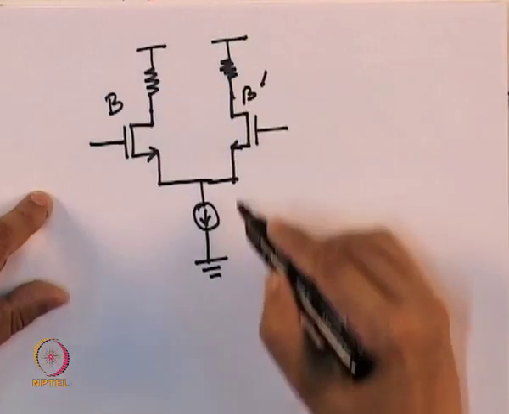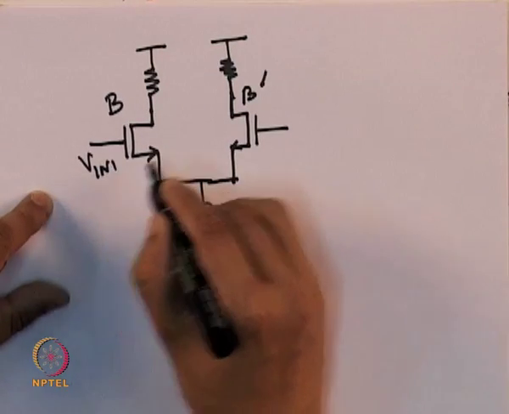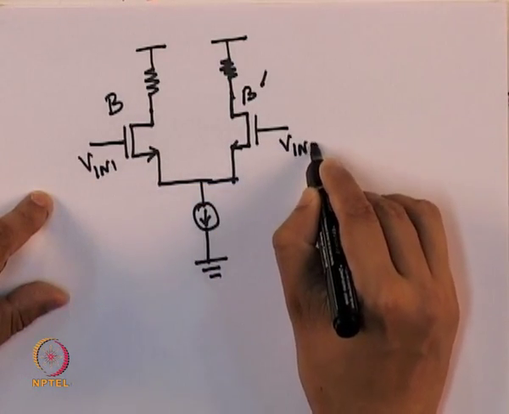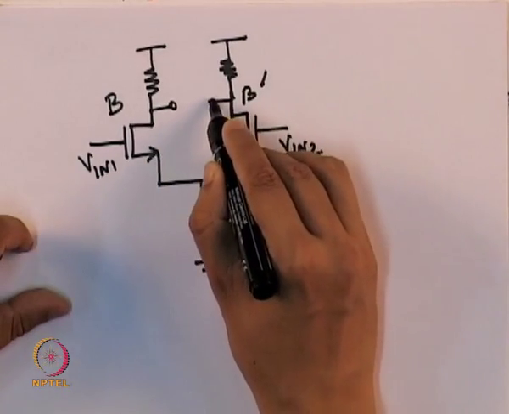So, this is the supply, this is the ground, these are the inputs, and the outputs are taken from this B dash.